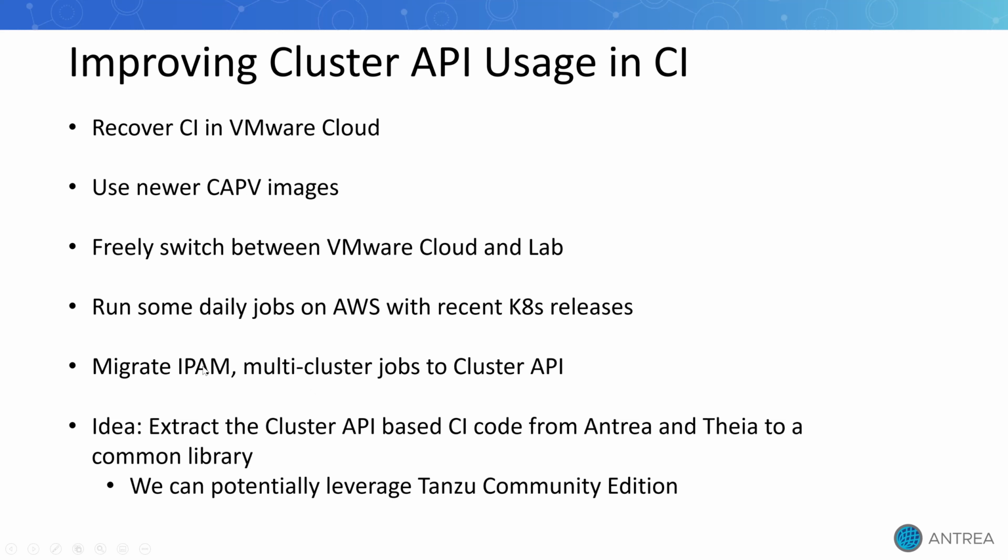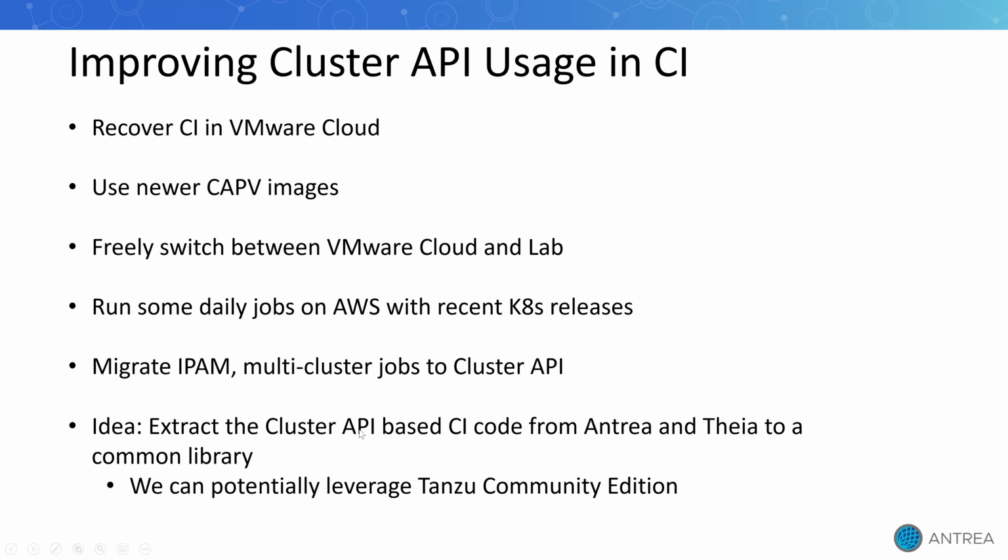Another point is that recently we found a bug between KubeVip and Antrea flexible IPAM. If we use cluster API for the IPAM testbed, we will discover this type of bug or conflict more timely. I also have an idea.